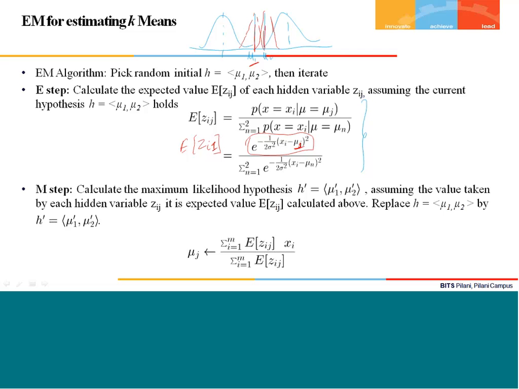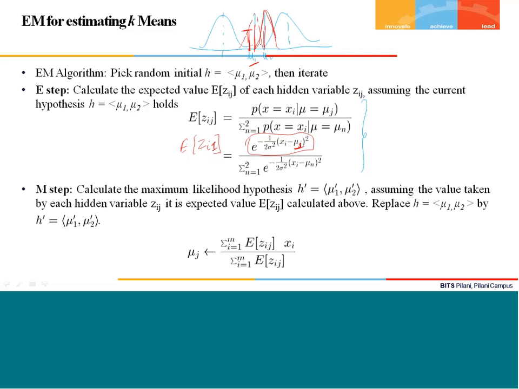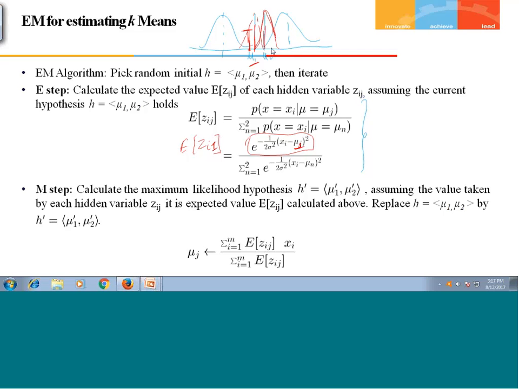For example, let's say my x is here. So the probability in this case, when I assume this mu1, is this. Similarly, I calculate the probability of this same x for mu2. This is mu2, right?